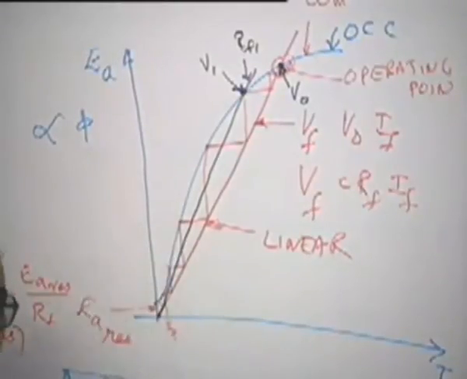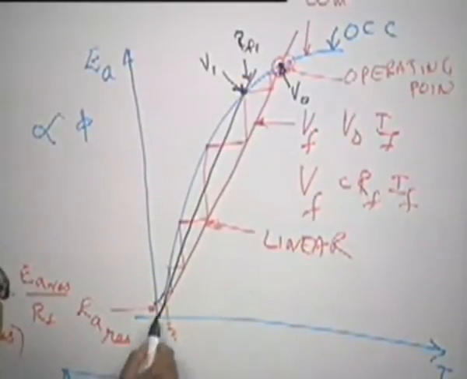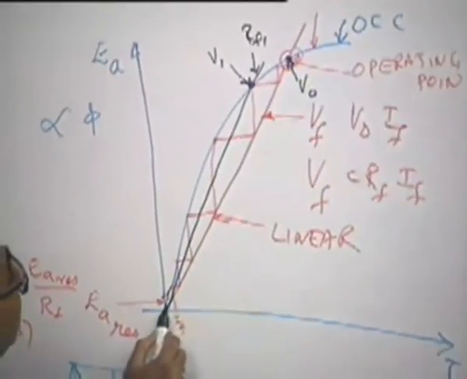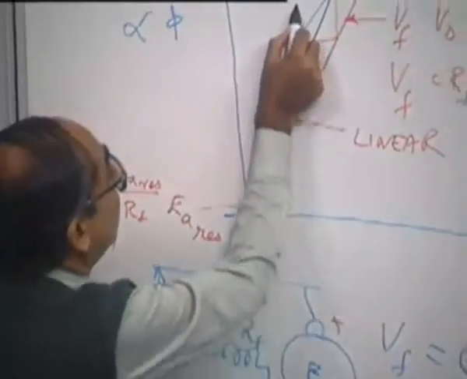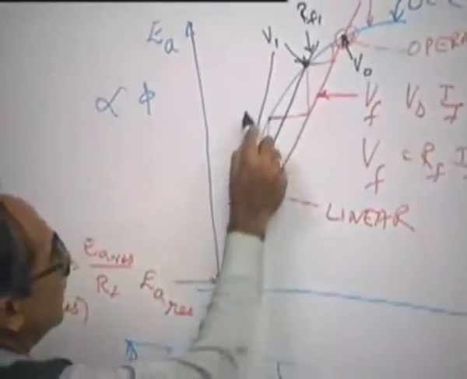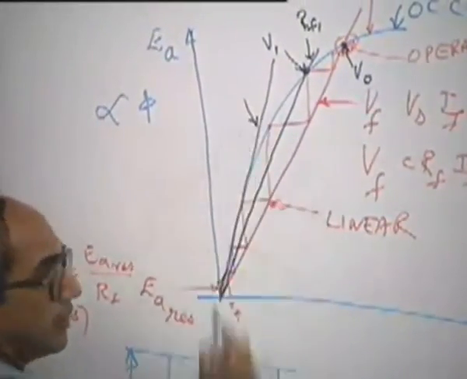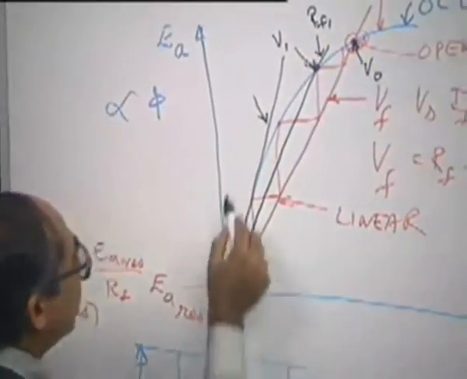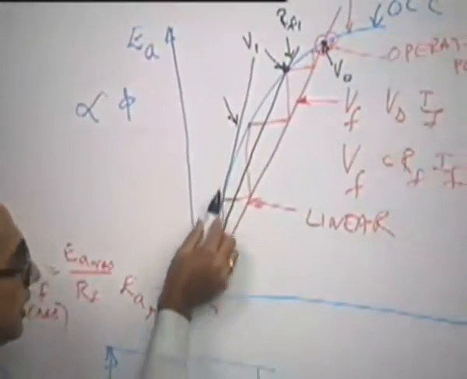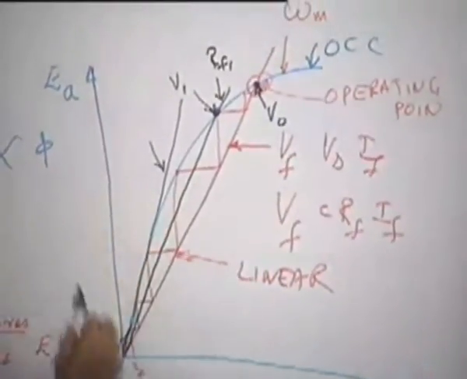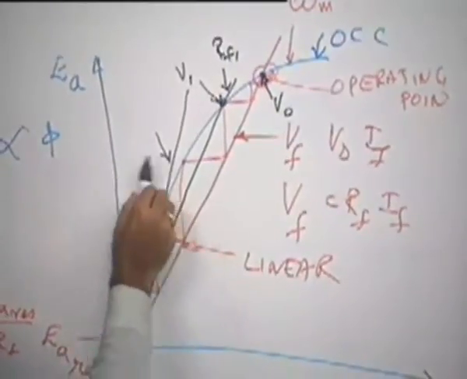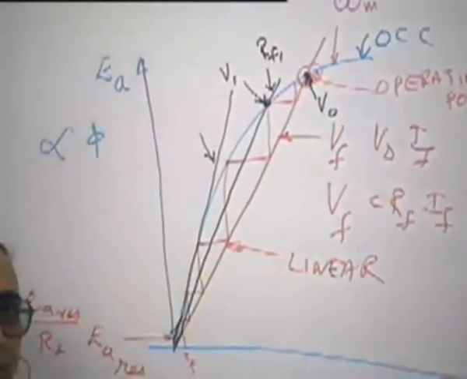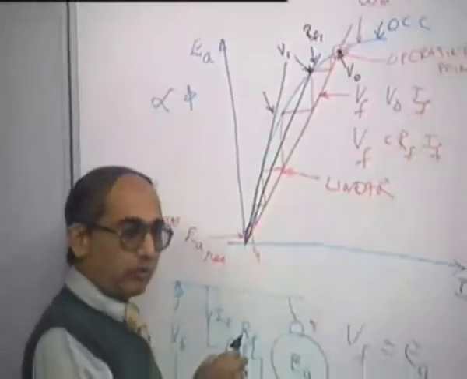And if you still increase RF, it will come to some other value, and then we come to a stage where we reach this line. We observe that this line is tangential to the OCC, and if we increase RF further, it will not intersect the OCC, and therefore there will be no induction of voltage.